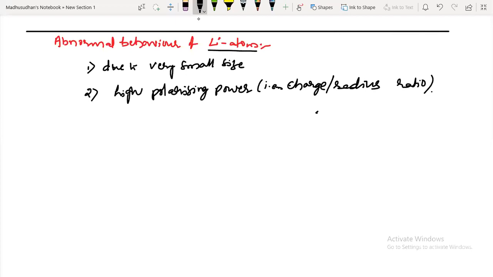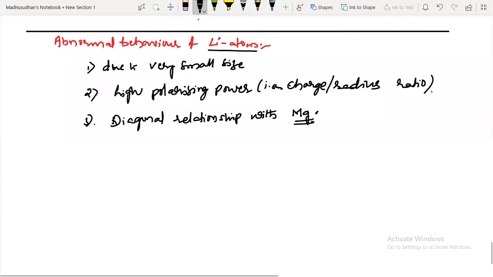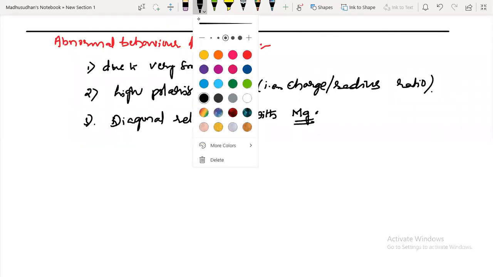Due to very small size and high polarizing power. And third, it is also due to diagonal relationship with which element? Magnesium. Right?